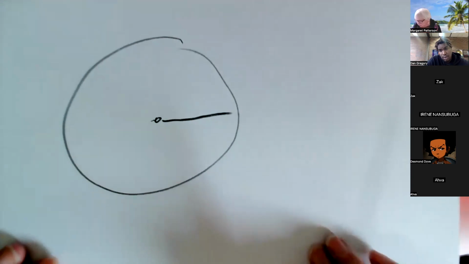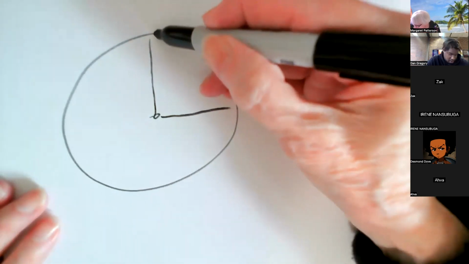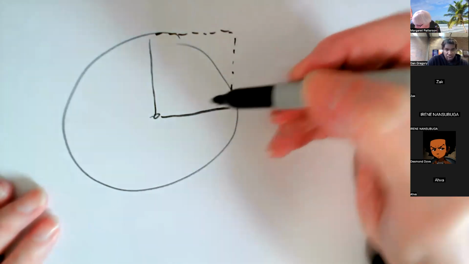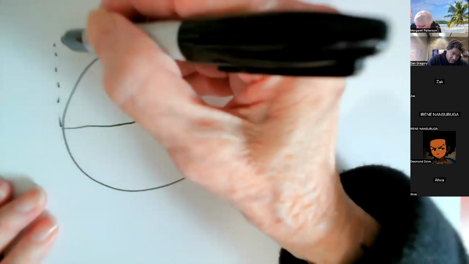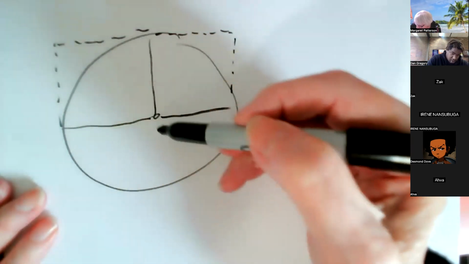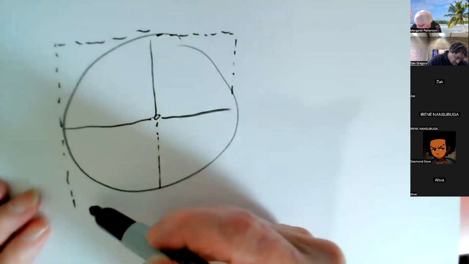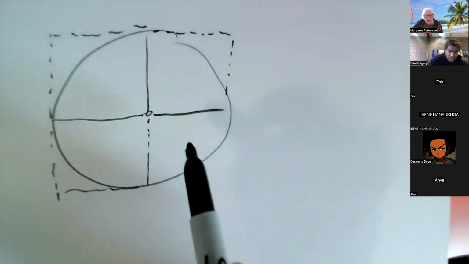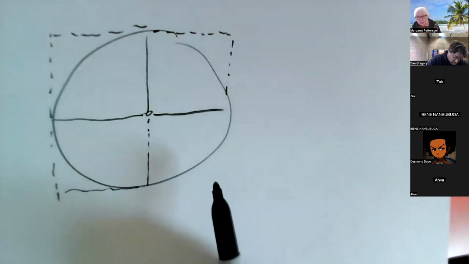And so what I'm going to do is draw a vertical line here. You might not like this, but this is literally what happened.